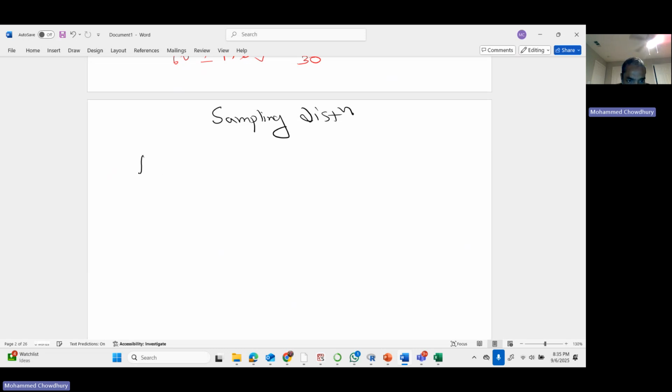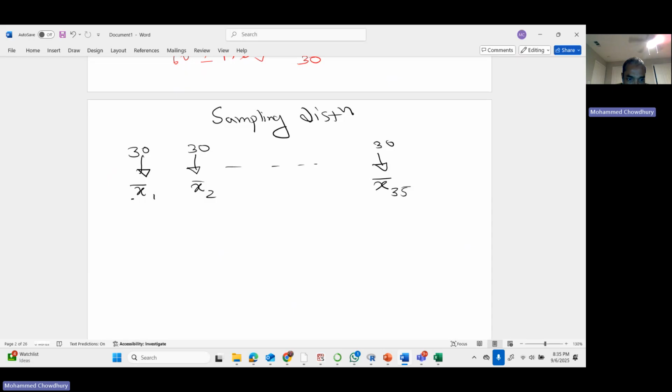You took the first sample of size 30, and for this first sample of size 30, you found the mean. You have x bar 1. Another time, another person takes another sample of size 30 and has a mean of x bar 2. Similarly, another person takes another sample of 30, and suppose this is x bar 35. So these are the means.